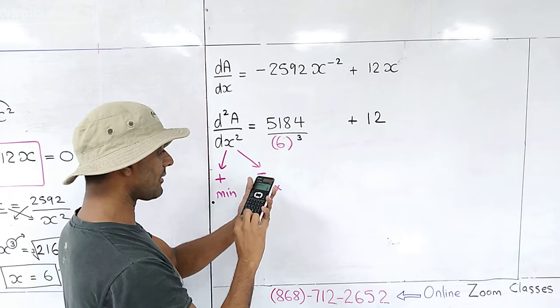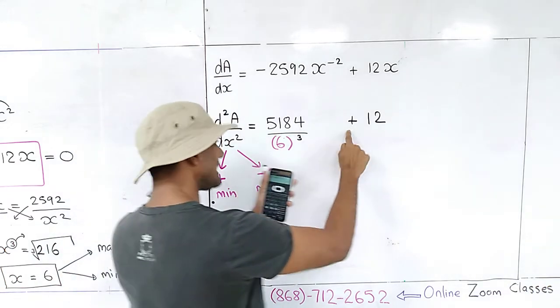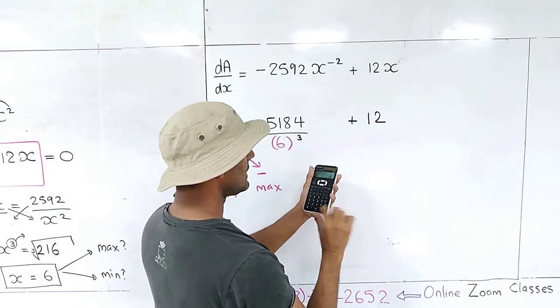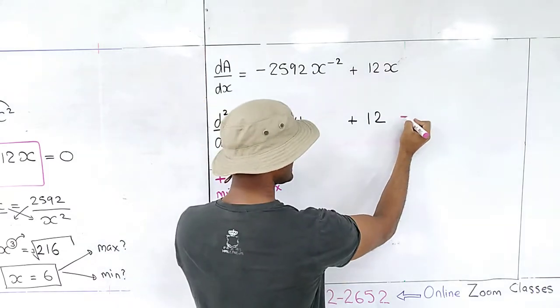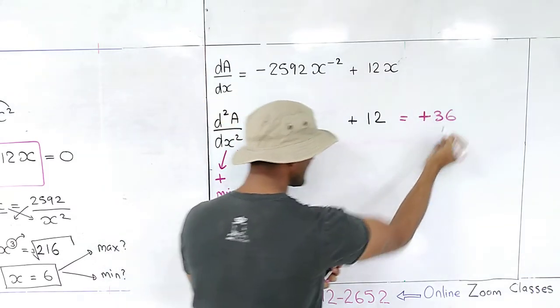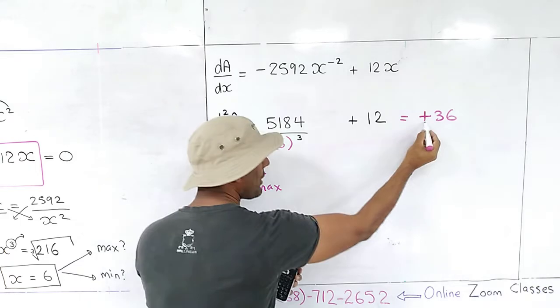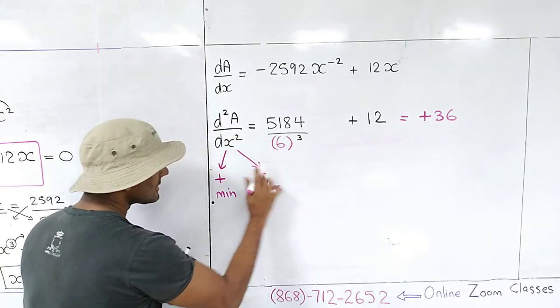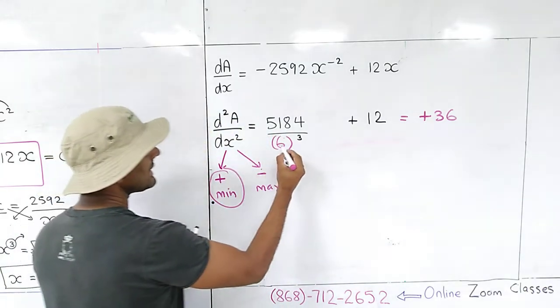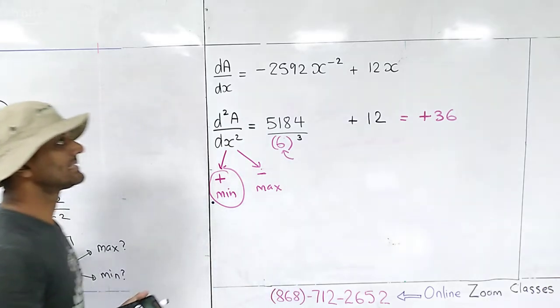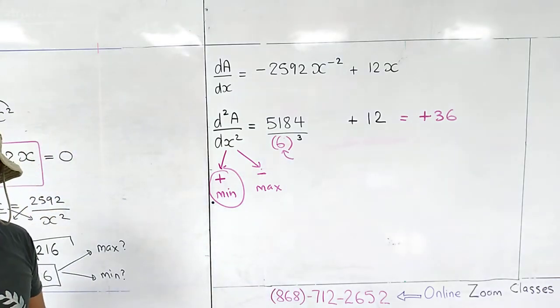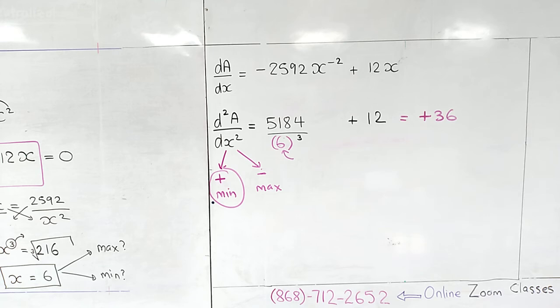I'm pressing equal and then I add 12. And when I work this out, I get positive 36. It ends up being positive. So that means x causes the whole area to be a minimum.